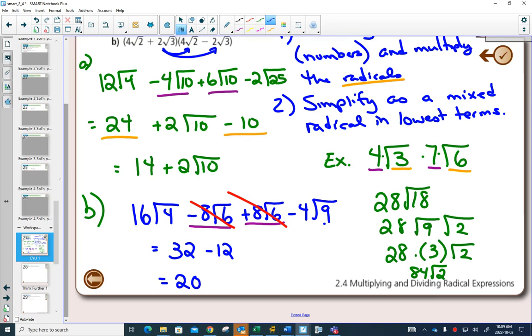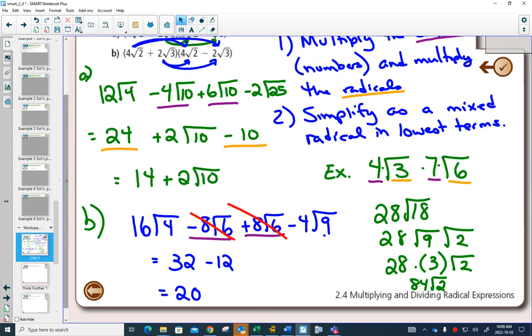If you recognized that part B was a difference of squares, you could have gone to this one squared minus this one squared faster. Okay? How do we recognize it's a difference of squares? Do you see that all the numbers are the same? 4 root 2, 4 root 2, 2 root 3, 2 root 3. One is plus, one is minus.